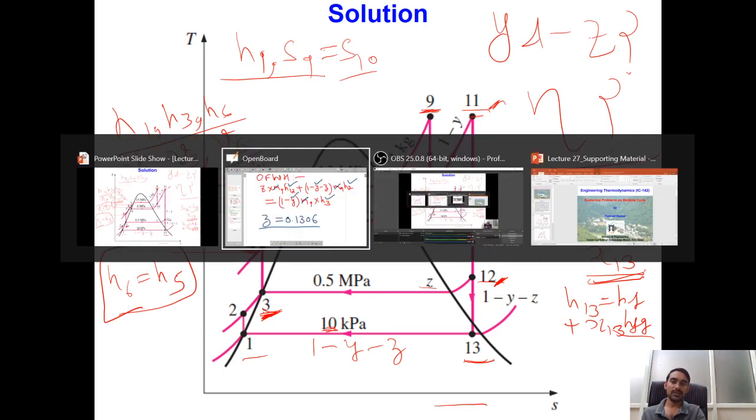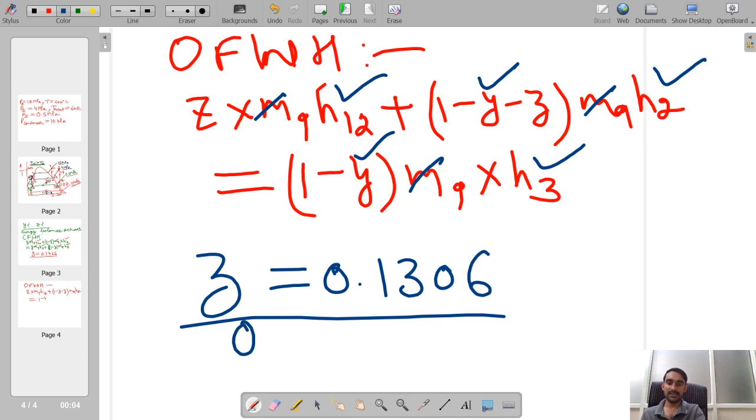So I can simply write that heat supplied is nothing but m dot 9 into, m dot 9 I am considering as the reference point, and whatever the mass at 9 is there, same mass will be at the point number 8, into H9 minus H8.